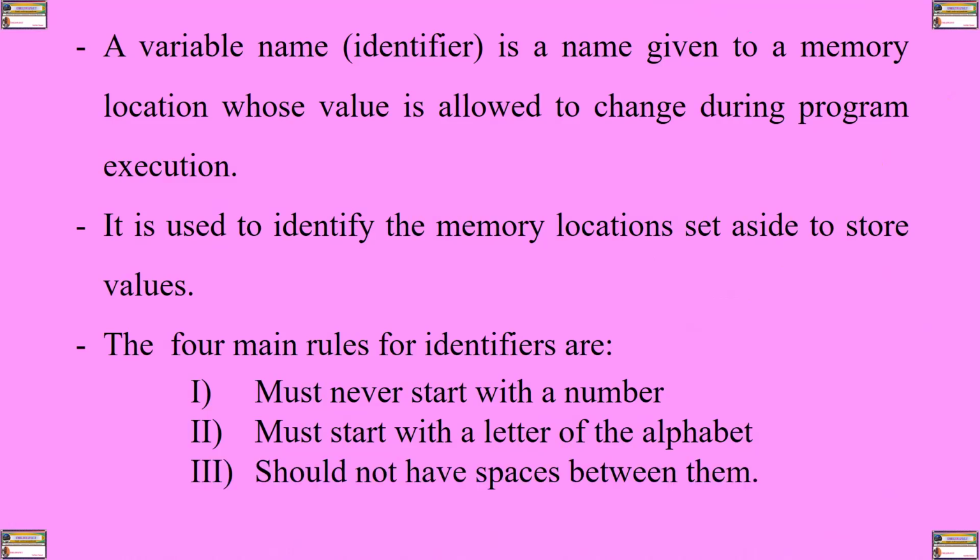Number three, it should not have spaces in it. So if, for example, you want to set aside a memory location called first name, whereas it's okay to want a memory for holding your first name, remember, you should not have a space in between. So you write first name as a single word, or you write first underscore name. Number four, the name of a memory location should not have special characters.